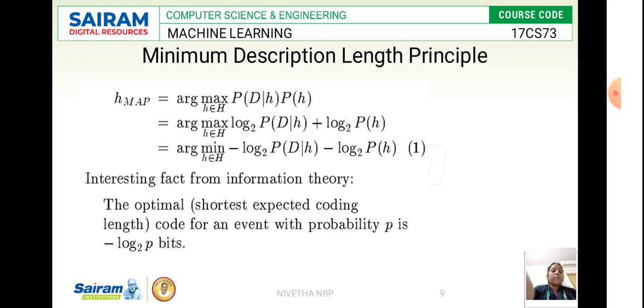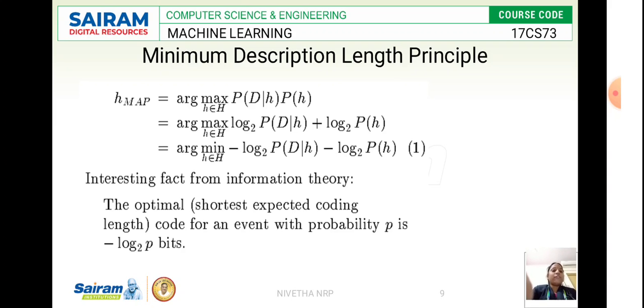When you need to minimize it, we introduce a negative sign. So we rewrite it as arg min, H belongs to capital H, of minus log to the base 2 of the probability of D given H minus log of P of H.